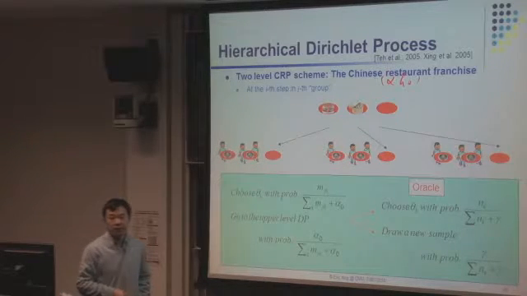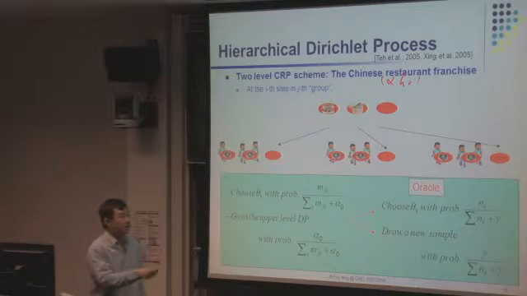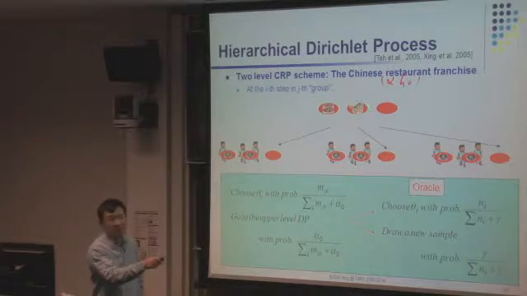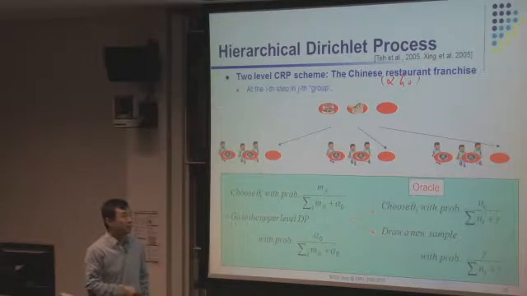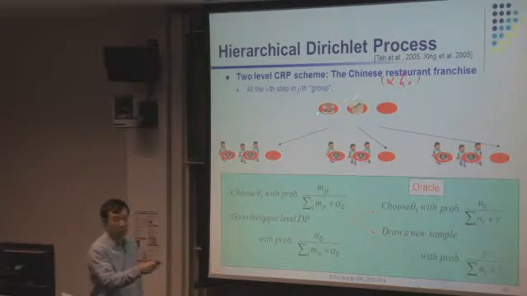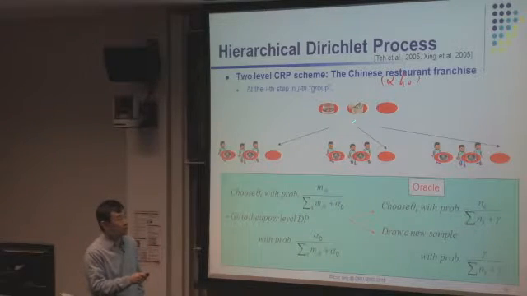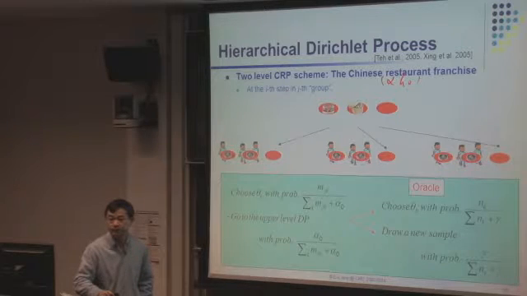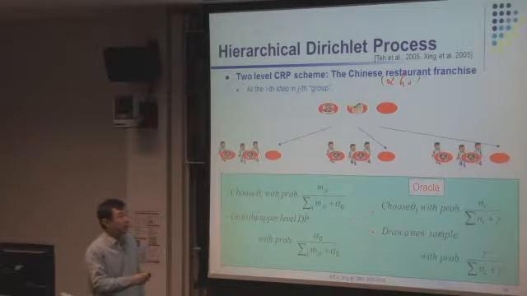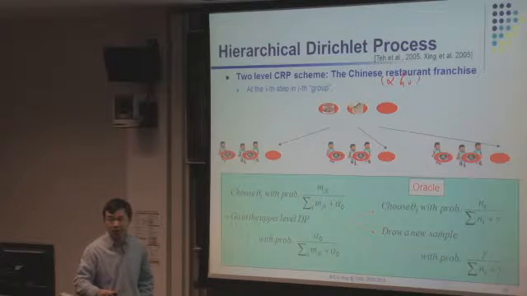And over there, he's going to rerun a Chinese restaurant process. In that template restaurant, again, there are infinite tables and infinite dishes. He's going to now choose to sit on one of these tables based on the number of times the dish on the table has been taken by children restaurants. Okay, and so he will probably be sitting on a popular dish and get this dish reused in a children restaurant.